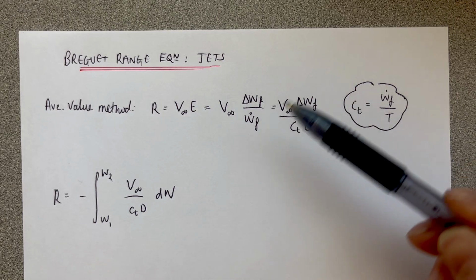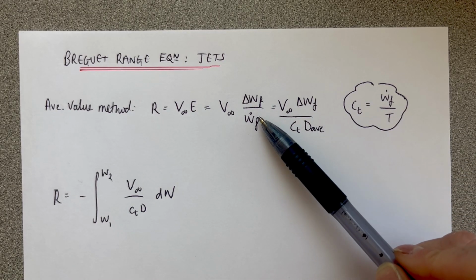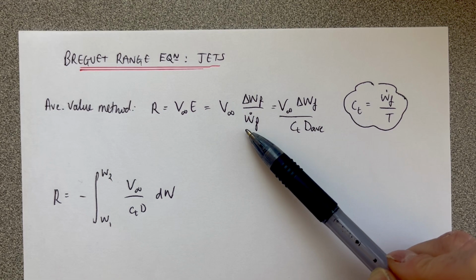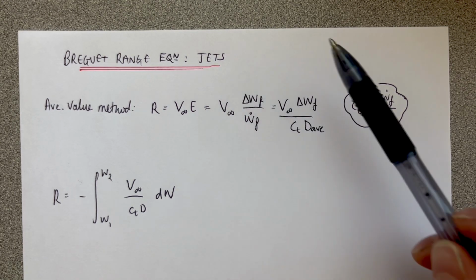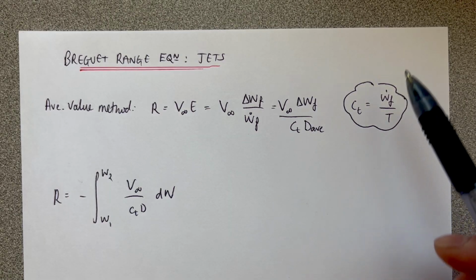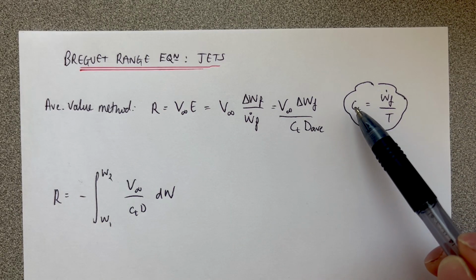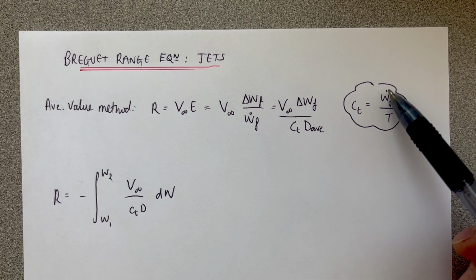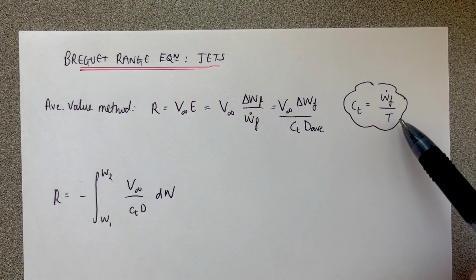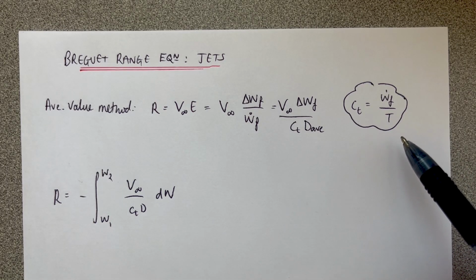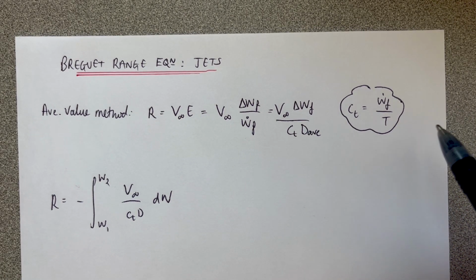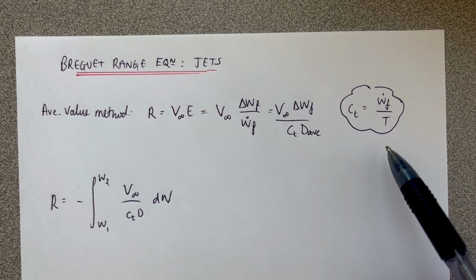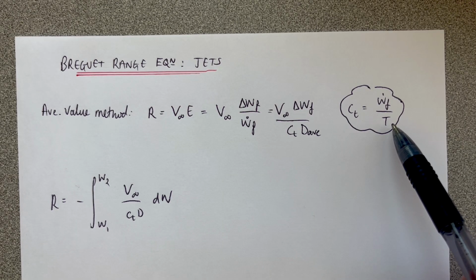And again, we said previously that the rate of fuel burn is basically a feature of how the engine performs. In the case of a jet-powered airplane, the thrust-specific fuel consumption is equal to the rate of fuel burn divided by the thrust output. If we're in a cruise condition where we are at constant speed, then the thrust will be equal to the drag.